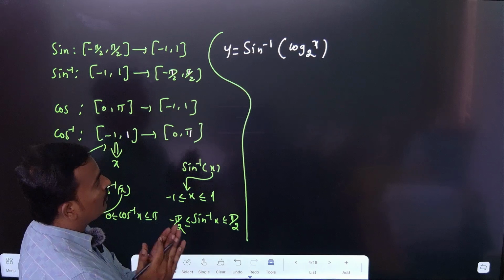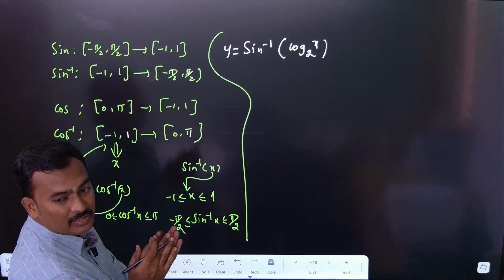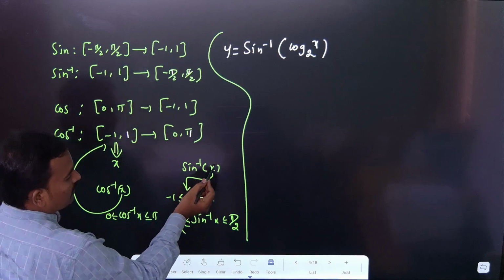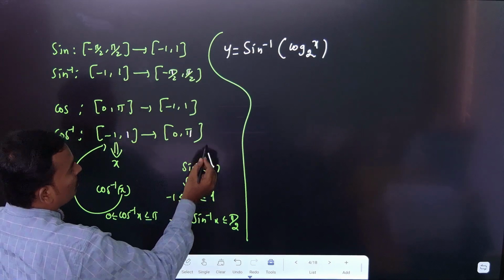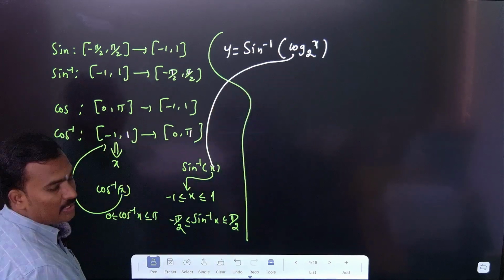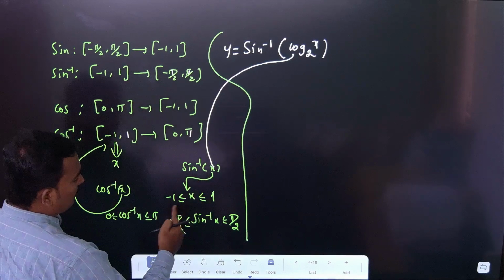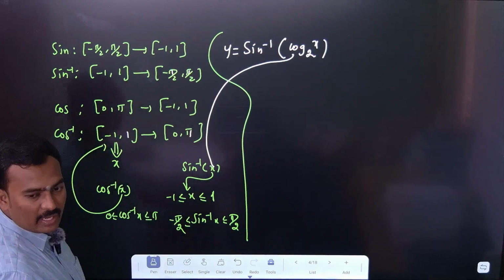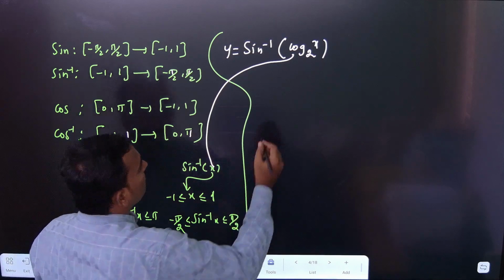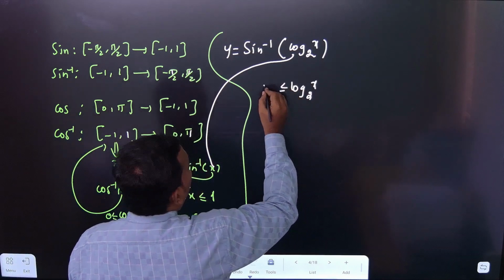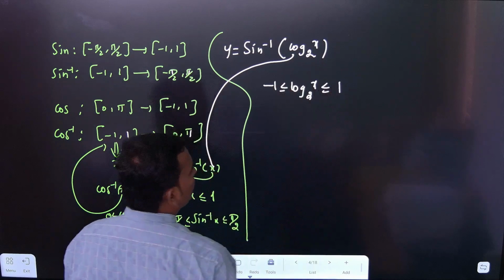Where is it defined? Sine inverse x, here x is there, no? In the place of x, which one is there? Log x base 2 is there. So definitely it means log x base 2 will fall in minus 1 to 1.